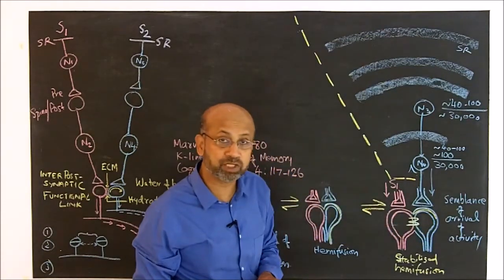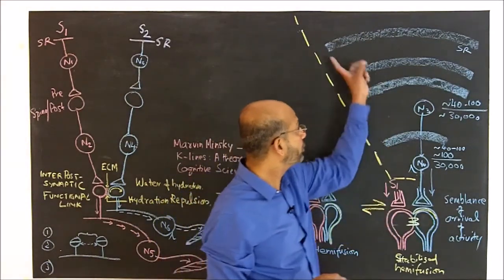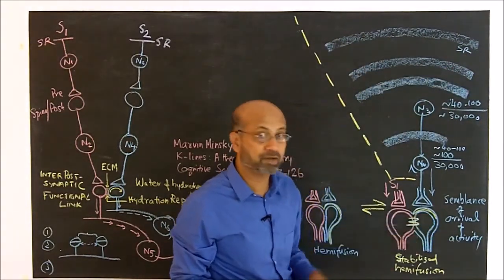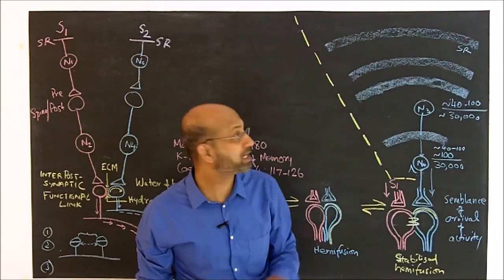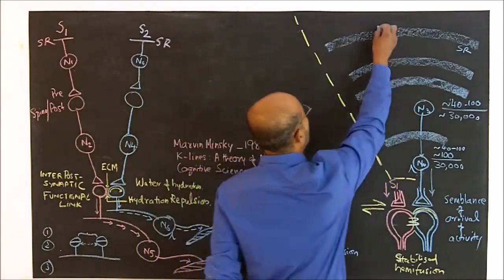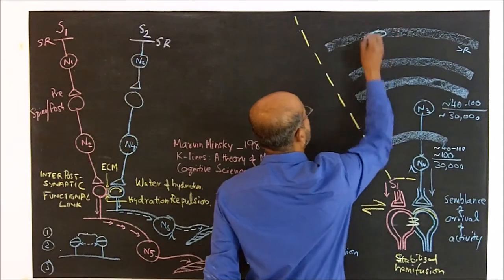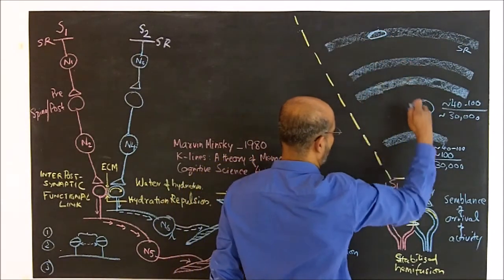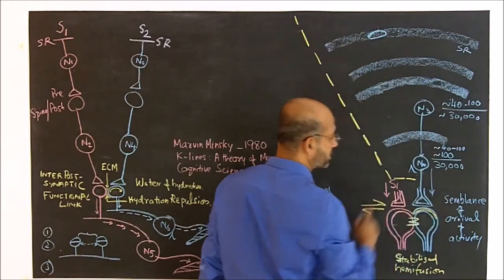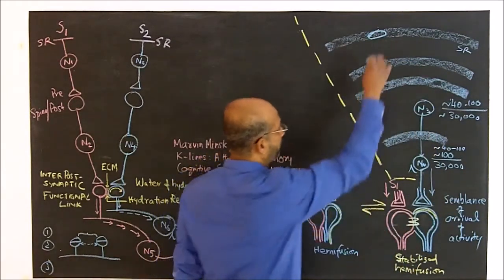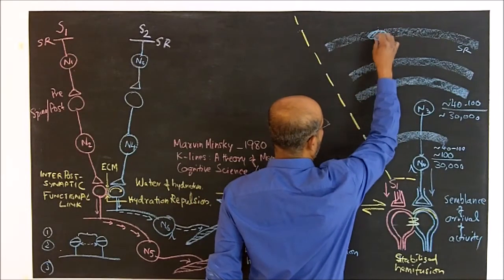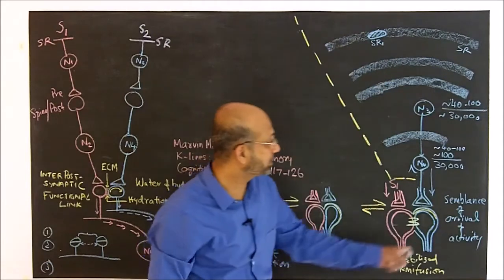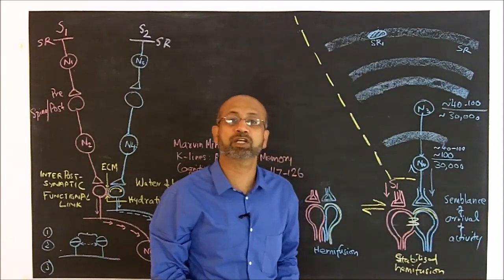Now we have to ask the key question: do we need to activate all those sensory receptors to depolarize this dendritic spine? We need not necessarily activate all of them. Maybe a subset of those sensory receptors should be able to propagate through these neuronal orders and arrive at this dendritic spine. So let's find out this minimal subset of sensory receptors whose activation can lead to the depolarization of this dendritic spine.